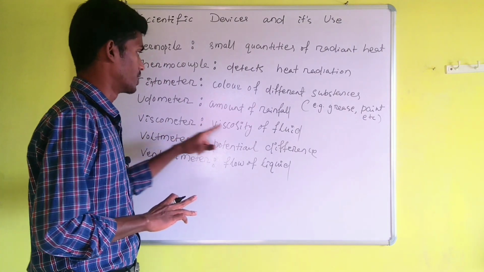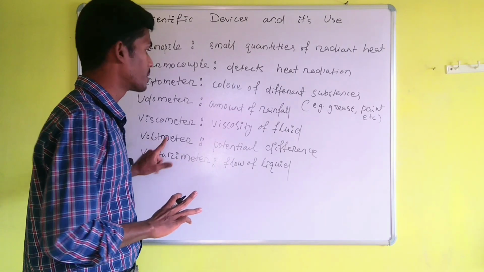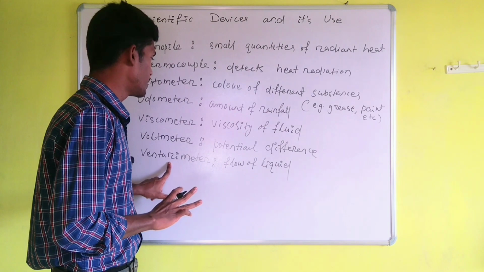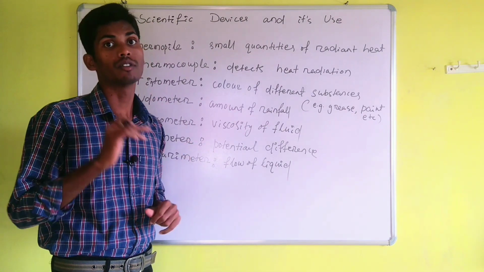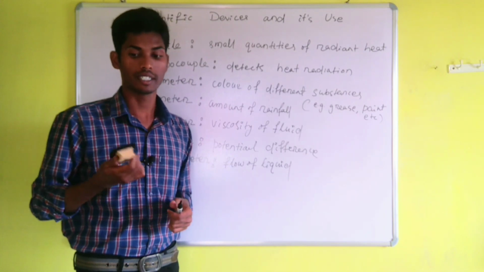Viscometer measures viscosity of fluid. Voltmeter measures potential difference. And venturimeter measures flow of liquid. Now we will erase the names of the scientific devices.